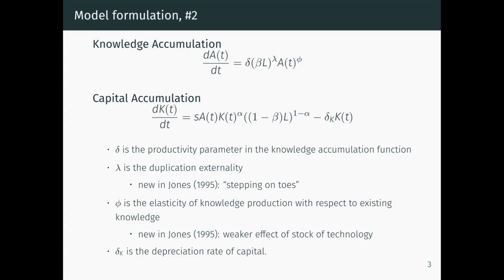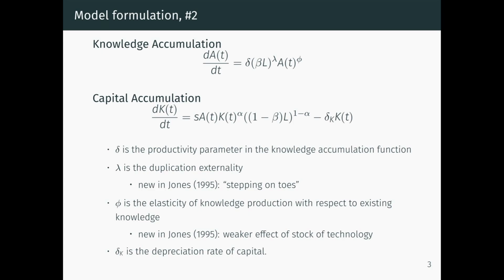So going from the start, the change in technology is this parameter delta, which is the productivity parameter, times beta times L. Beta times L is now the number of researchers in the economy, to the power of lambda, where lambda is this duplication externality.